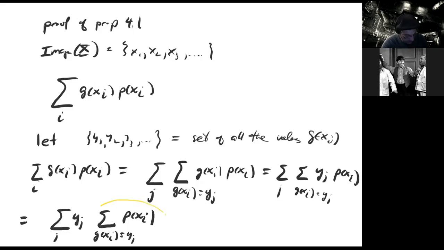Now, what is this expression here? If you think about what that is, that's precisely the same thing as the probability that g of X is equal to Yj.